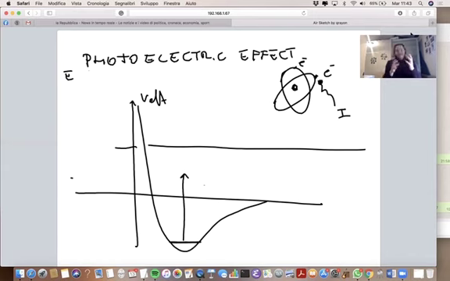Now, colors is a word that refers to visible light, so let's be a little bit more general here. It could be visible, ultraviolet, X-rays, it doesn't matter. The important thing is specific wavelengths. Basically, if you shine light over a given system with the wrong frequencies, no matter how intense that light is, the electron is not kicked out.